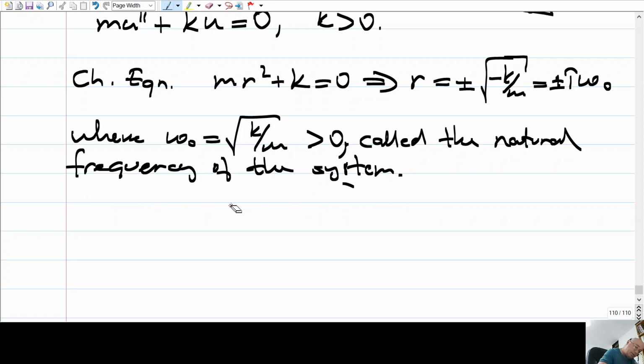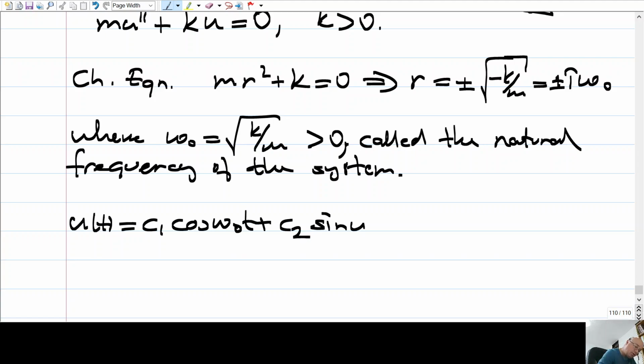So u of t is equal to C1 times cosine omega 0 t plus C2 times sine omega 0 t.